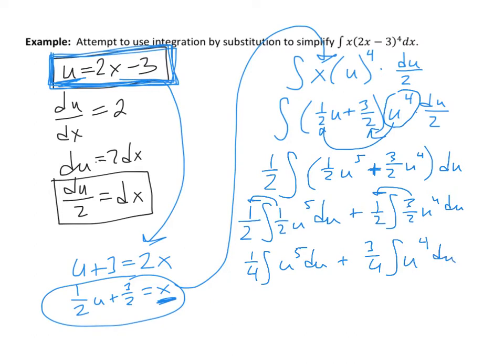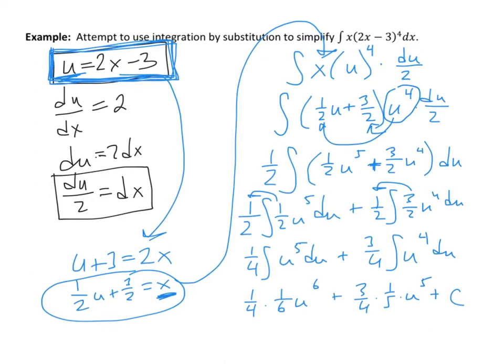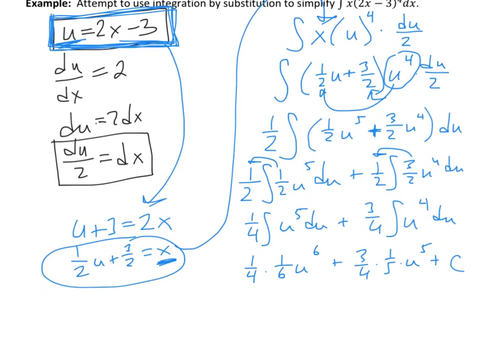And at this point, this is a really simple power rule. Right? I'm going to do 1/4 times u to the 6th times the reciprocal of 6 plus the 3/4 that was already there times u to the 5th times the reciprocal of 5, plus c. And then just like we've done with basically all of these substitution problems so far, at this point I need to go back and put it in terms of my original variable.